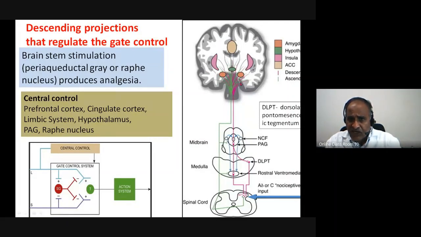All these things funnel down. You just see that pink area. They will come to the periaqueductal gray and then to the raphe nucleus. That inhibits the pain. This is about the descending projections that control the gate. That means the control system has connections with all these parts of the brain.